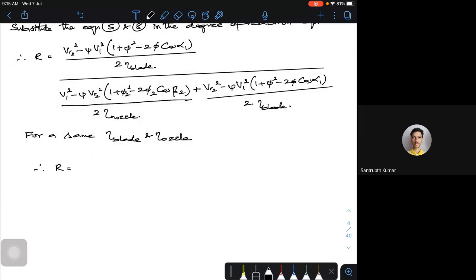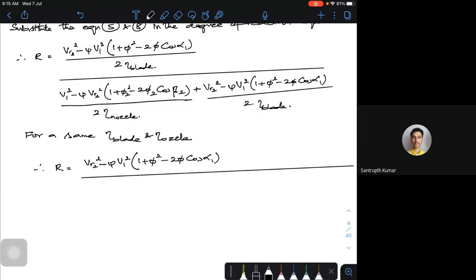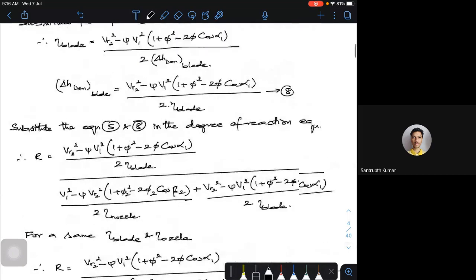R is simply VR2 square minus psi into V1 square into 1 plus phi square minus 2 phi into cos alpha 1, whole thing divided by V1 square minus psi into VR2 square into 1 plus phi 2 square minus 2 phi into cos beta 2, plus VR2 square minus psi into V1 square into 1 plus phi square minus 2 into phi into cos alpha 1. I am going to call this equation number 9.